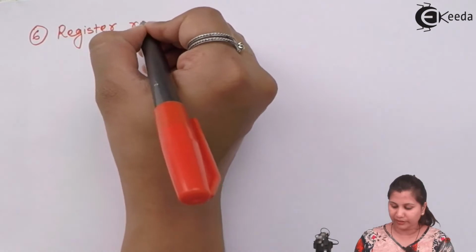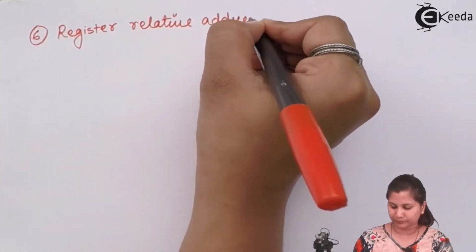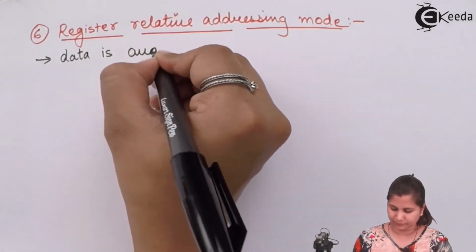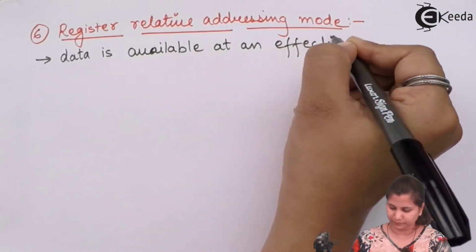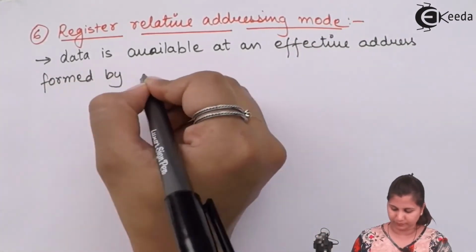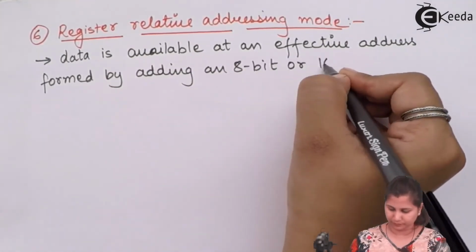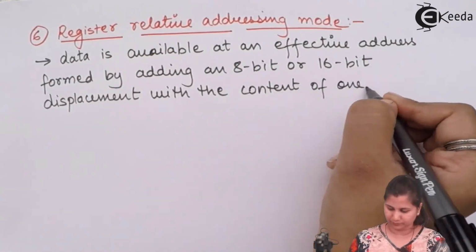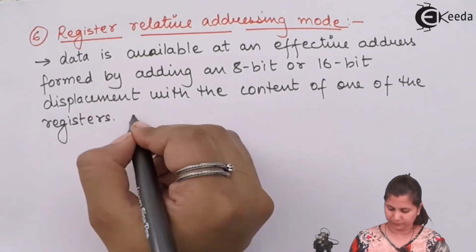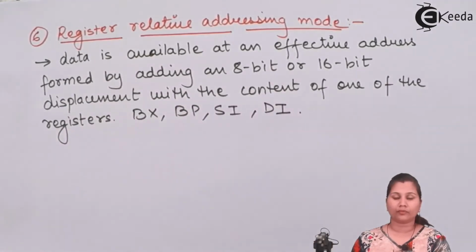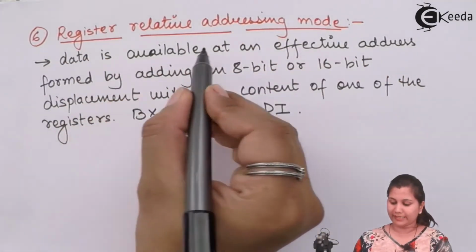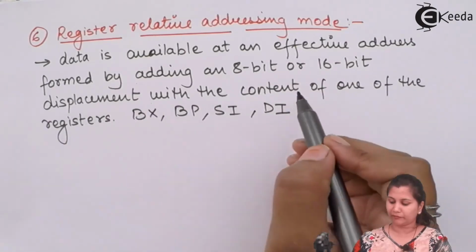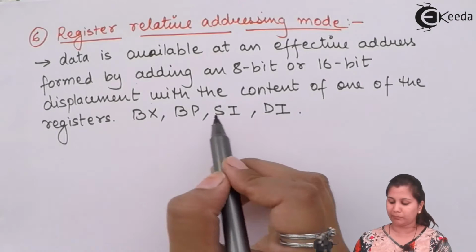Next addressing mode is register relative addressing mode. In the register relative addressing mode, the data is available at an effective address, and that address is obtained by adding an 8-bit or 16-bit displacement with the content of one of the registers BX, BP, SI or DI.